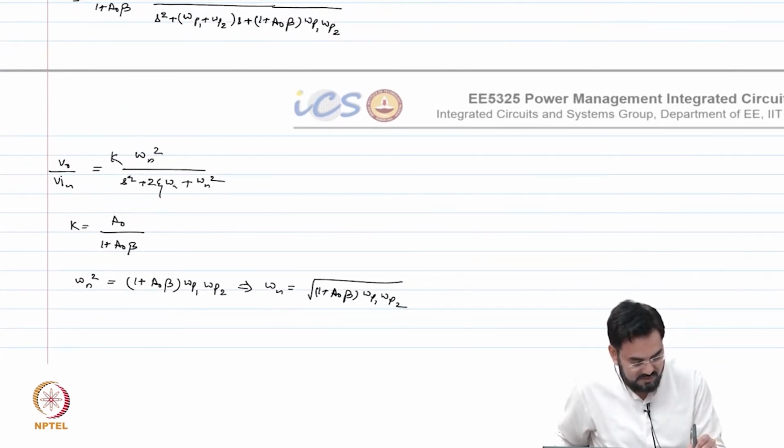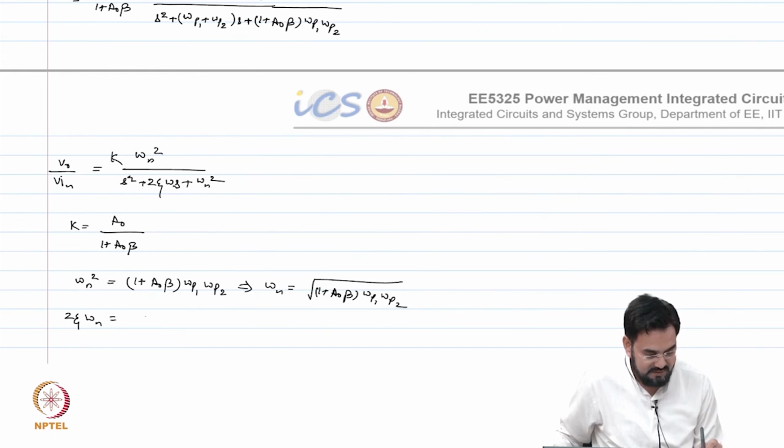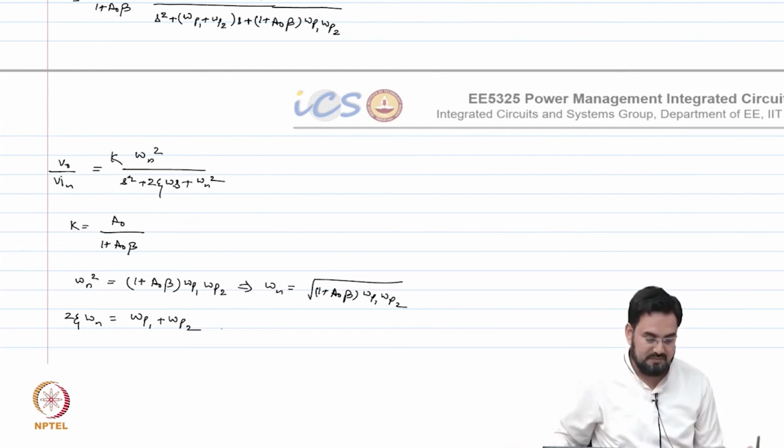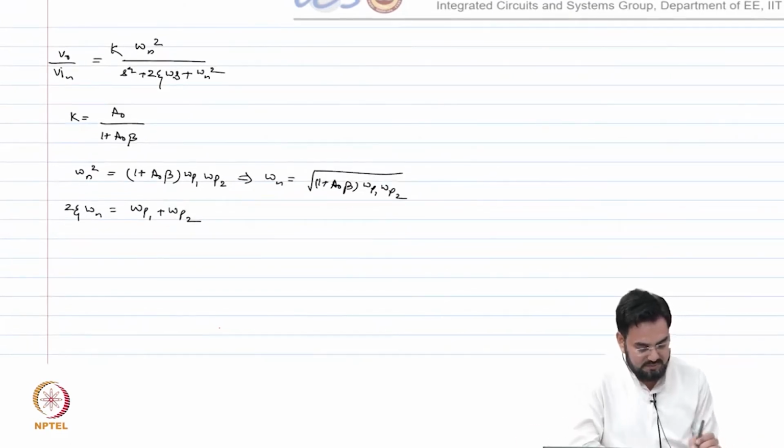So, this is S. So, 2 zeta omega n is omega p1 plus omega p2, correct. So, from here we can calculate zeta.